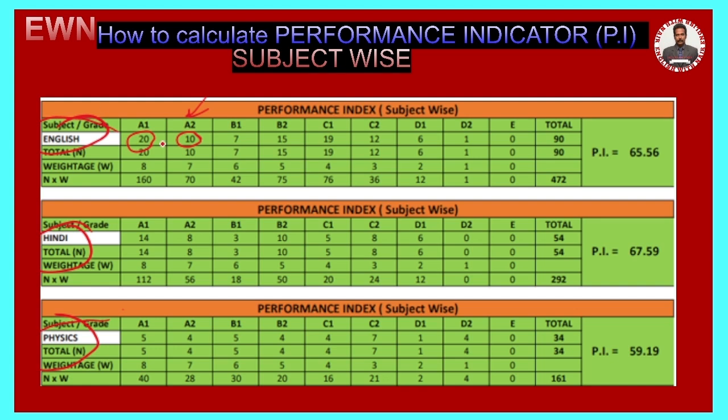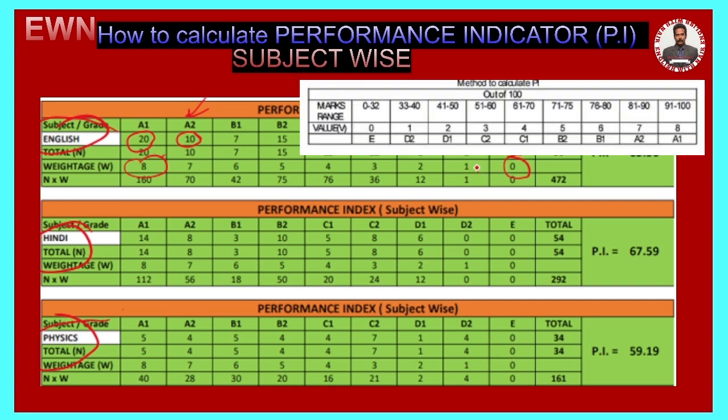Now once you have counted how many students have got each of the 9 grade points and written it there, then the weightage, as we know, starts from E, those who failed, as 0, then D2 as 1 and so on till A1. A1 is given the highest weightage, 8.